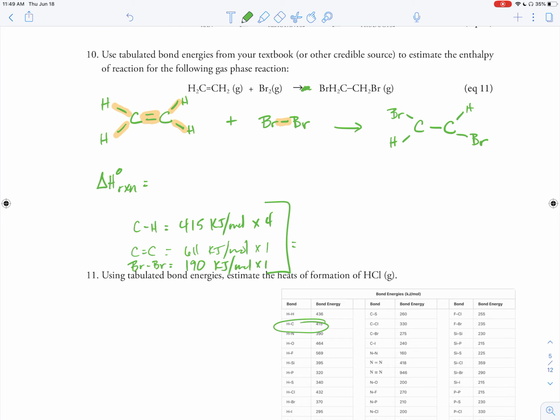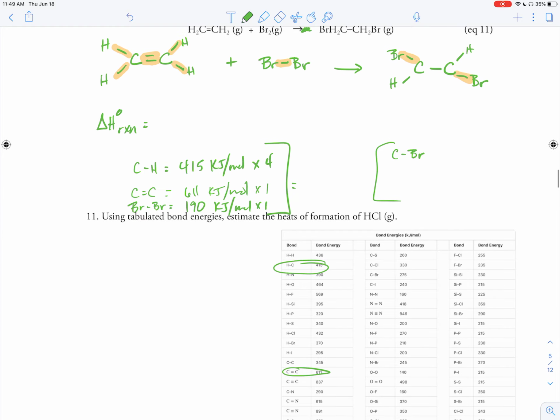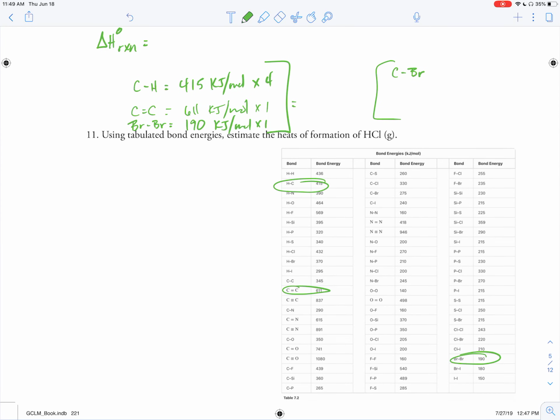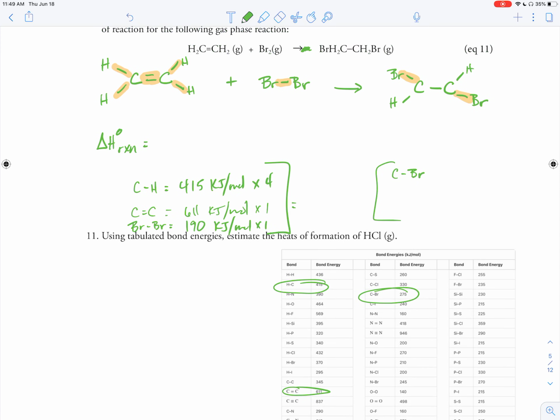Well, let's go ahead and do the product side as well, and then we can plug all of those into the formula. So we have carbon-bromine, carbon-bromine. We've got 2 of those, so we have to look those up. Carbon-bromine is right here, 275.